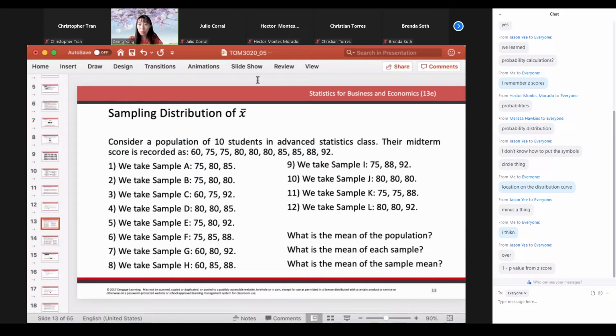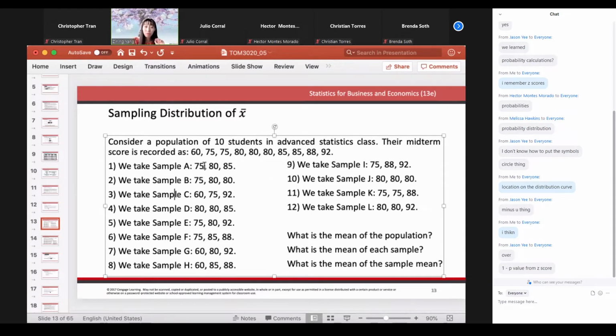Here, you know the population. That's the 10 numbers. And then, like I said, we can take different samples. Here I give you 12 different samples. I can certainly give you more, but again, to make it manageable, I give you 12.